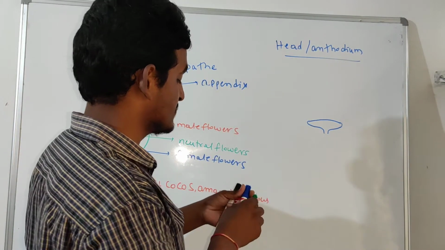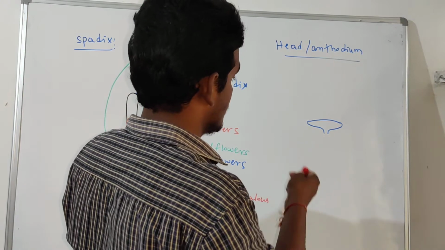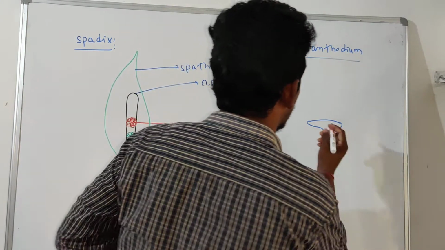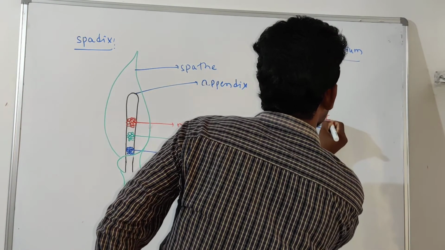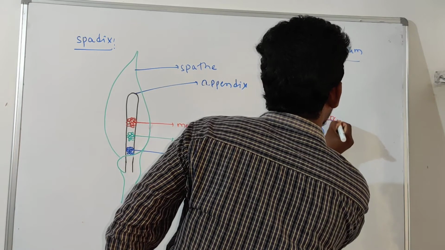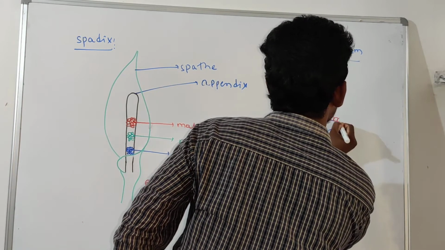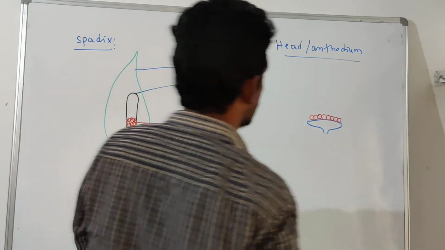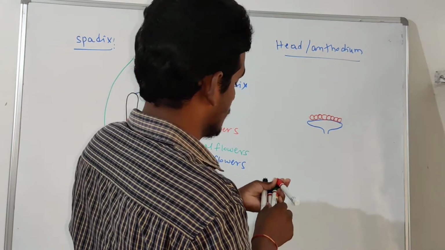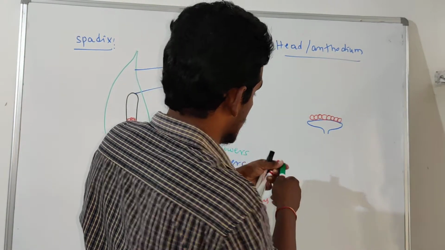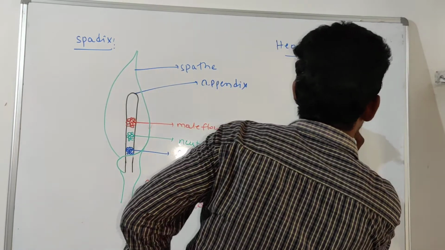Sessile flowers means those flowers are not having a pedicel, right? So these are sessile flowers. They are not having a pedicel. So these are disc florets.